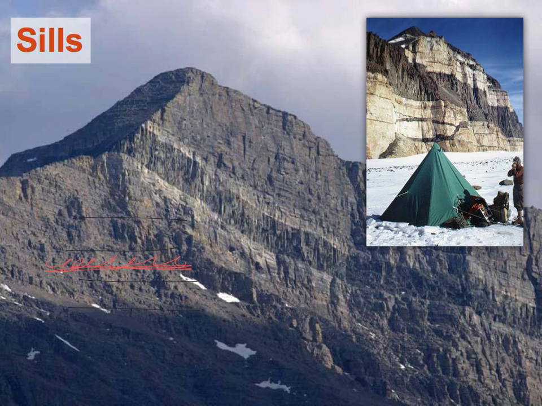So, going back to our earlier discussion about relative dating, if you didn't realize that this was a sill, what would you expect to be the relative age of this igneous material versus this sedimentary material below it? Which should be younger, which should be older?